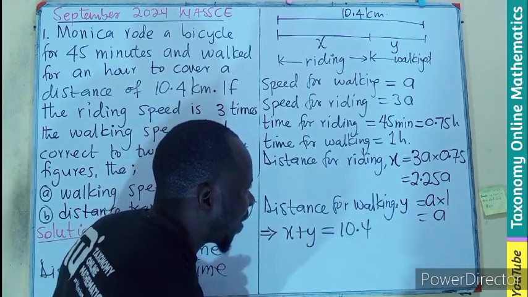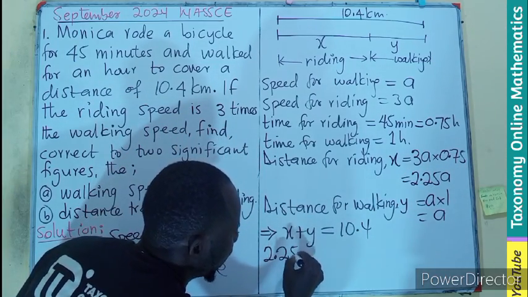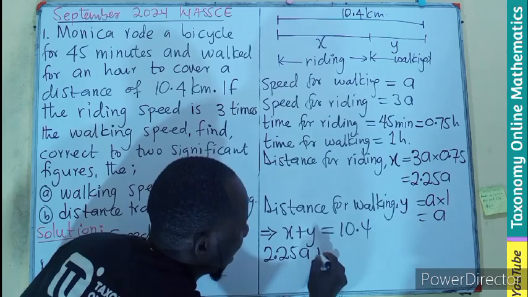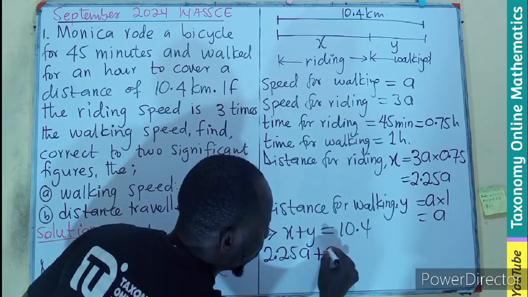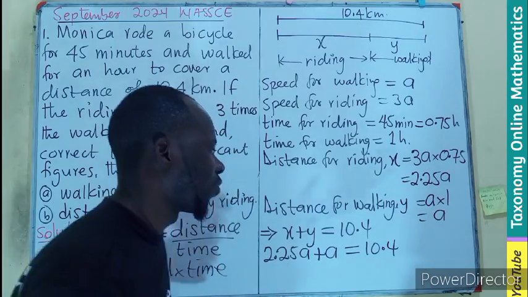When we substitute our X, which is representing 2.25A, plus our Y, which is representing only A, we are expected to have 10.4.